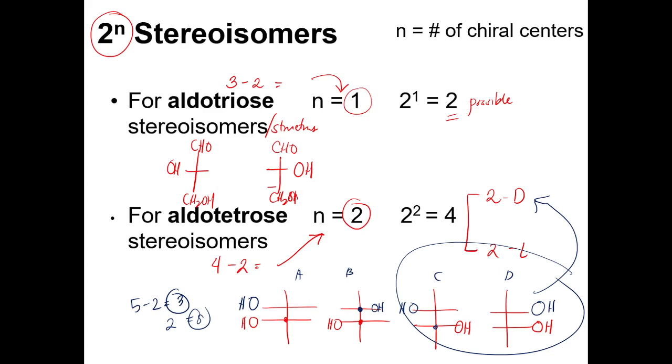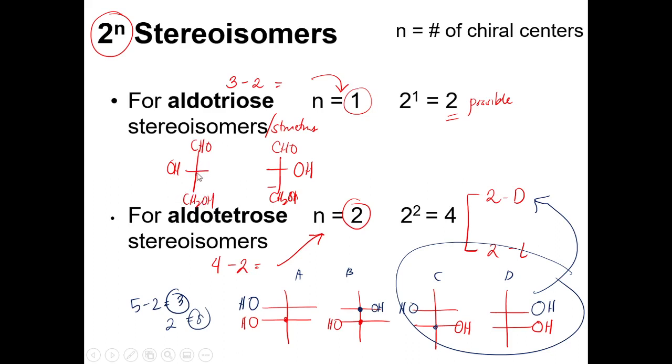possible structures natin, yung stereoisomers natin, we use the formula 2 raised to n, where n is the number of chiral centers. So ang technique na sinabi ko sa inyo is that you count the number of carbons and then you deduct 2, since ang CHO and the CH2OH here are not chiral. So we determined that already.